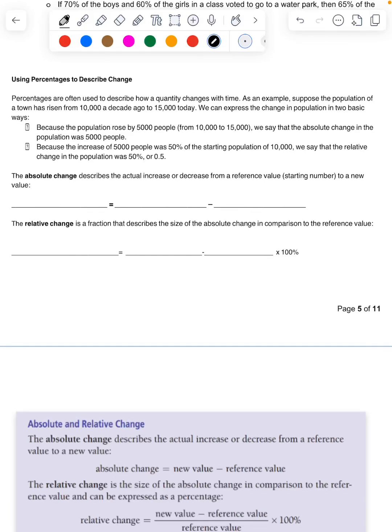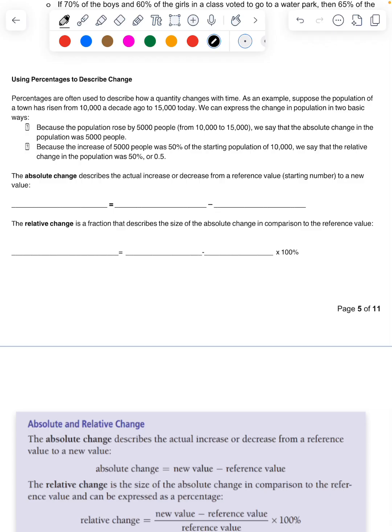So when we're using percents to describe change, there are two basic ways we could describe the change of a population that has risen from 10,000 a decade ago to 150,000 today. We could talk about it rising by 5,000 people.